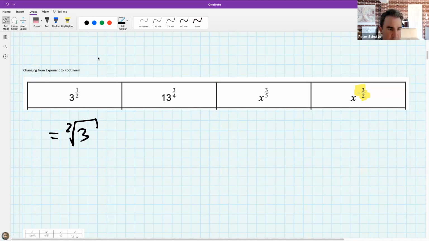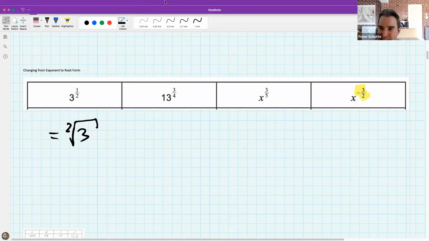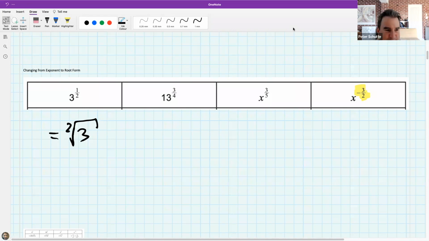Yeah, perfect. Very nicely done. Awesome. So Khumelo is showing some definite knowledge there. The power of half is the same as the square root of 3.